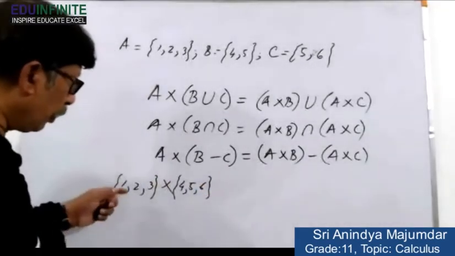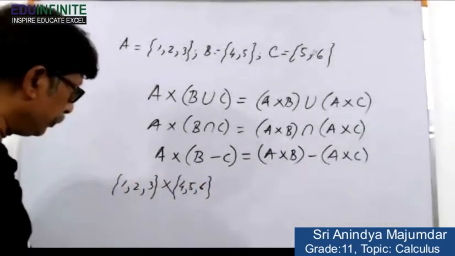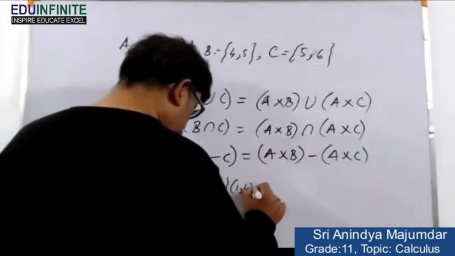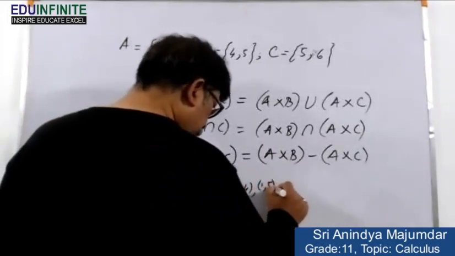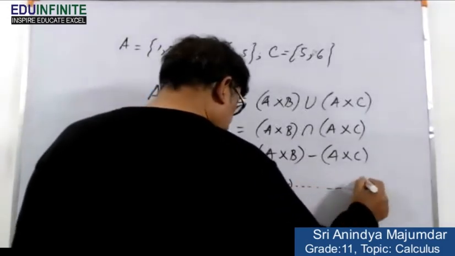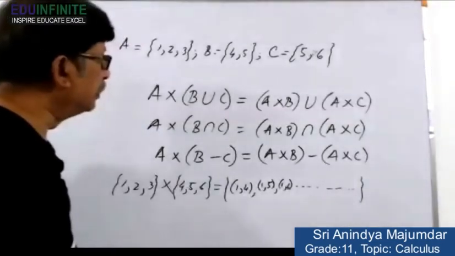What do I get? 1, 4, 1, 5, 1, 6, 2, 4, 2, 5, 2, 6, 3, 4, 3, 5, and so on.